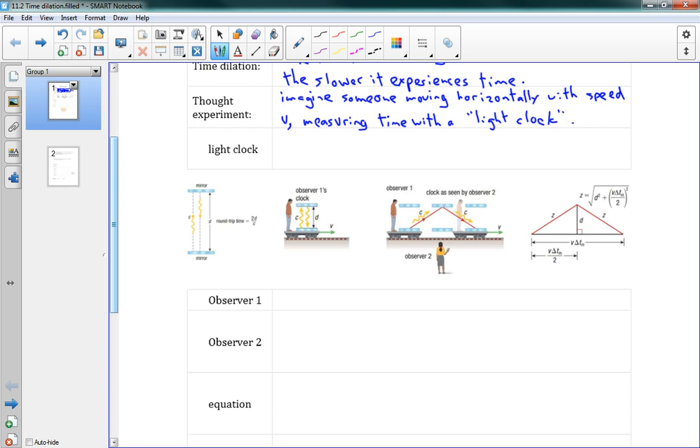Our light clock here is a device. You can see a picture of it down below right here. That's our light clock.